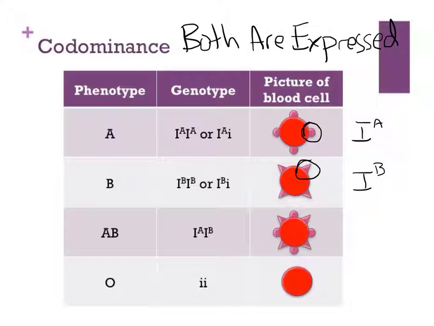If you have both IA and IB, then both proteins are produced. We'll talk more about blood types later and look at some of those problems, but this is just an idea that both can be expressed when you have codominance. Notice in this case we have little i, which is recessive, which means there's no proteins on the outside of our blood cell.